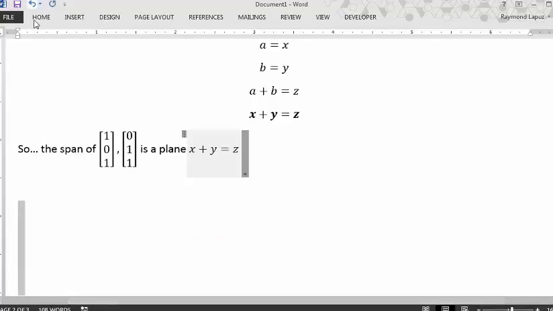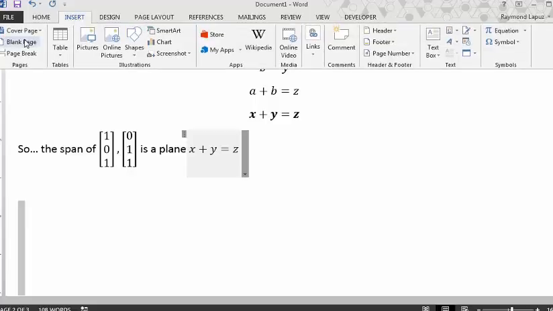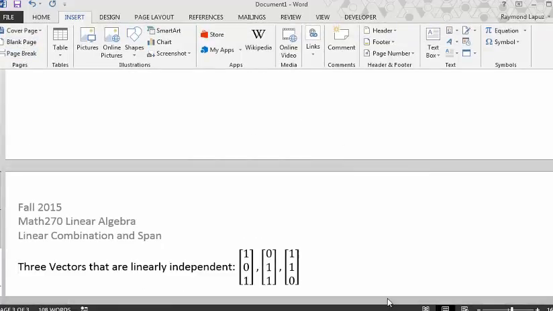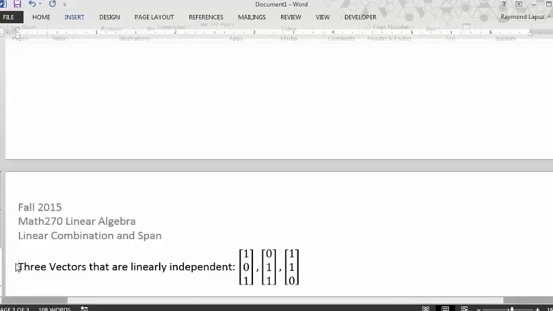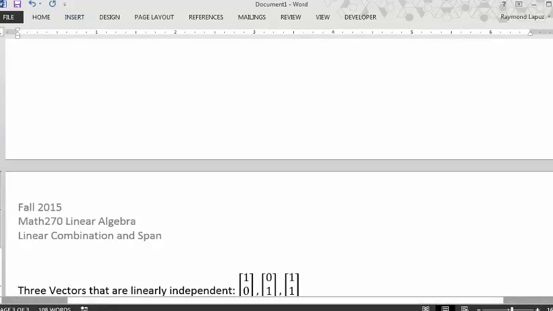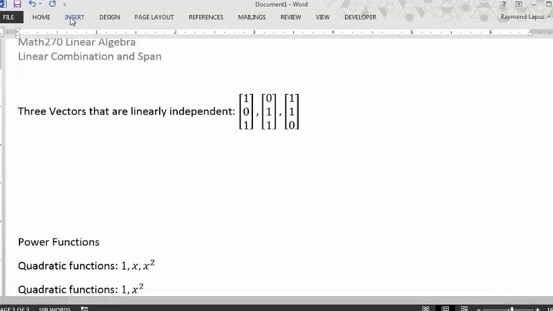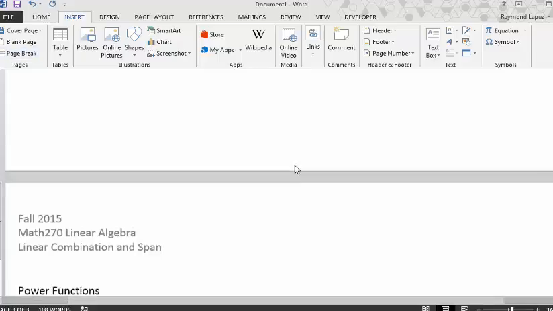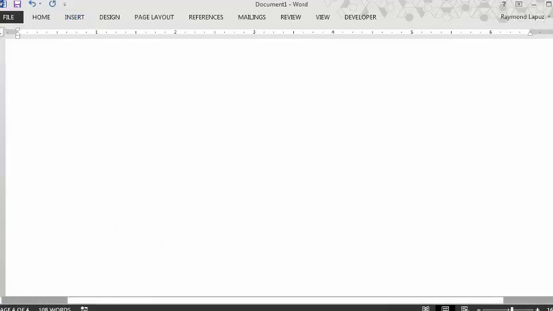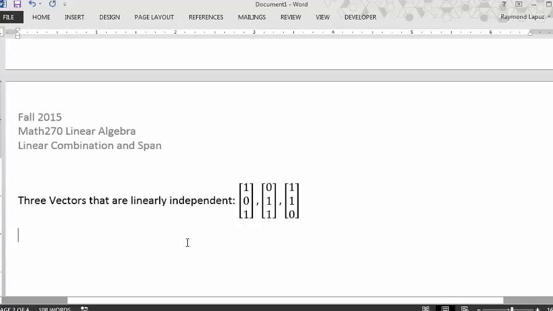Now, if we take a look at what happens when you have three linearly independent vectors. If you have three linearly independent vectors, we can go through the same process, but you can imagine that this will span every single thing in space.